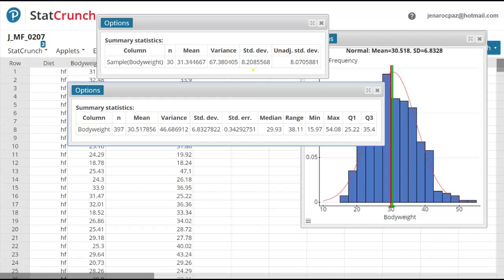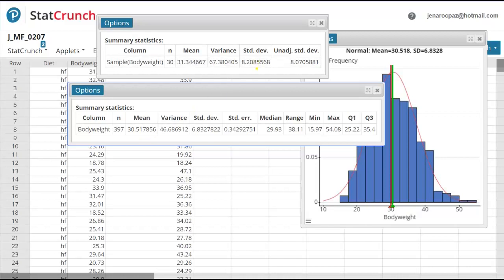So we don't have a big difference between the standard deviation of the complete data set and the standard deviation of just one sample. If we consider several samples, the mean of the means is going to be almost the same value as the mean of the complete data set.